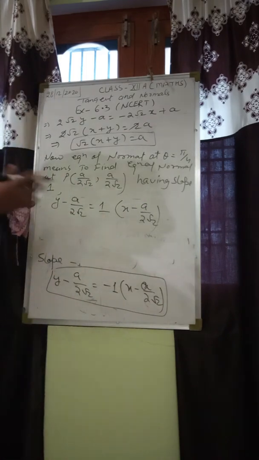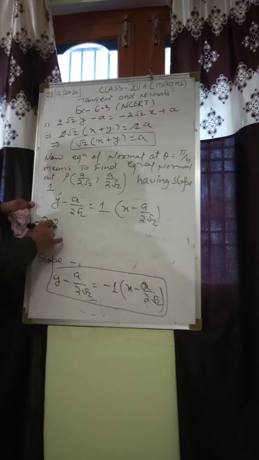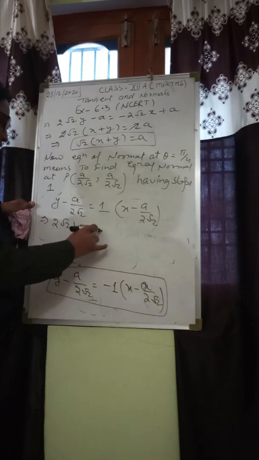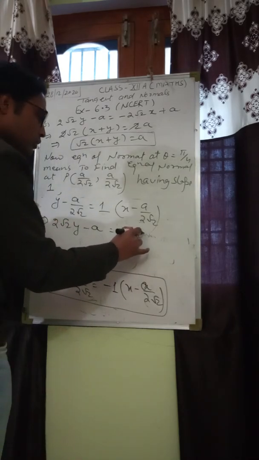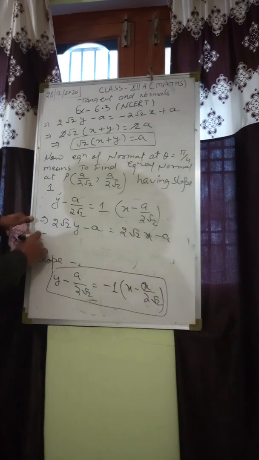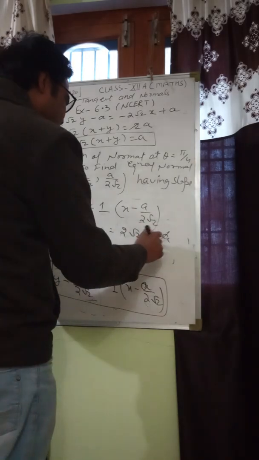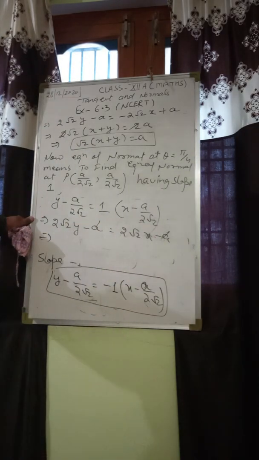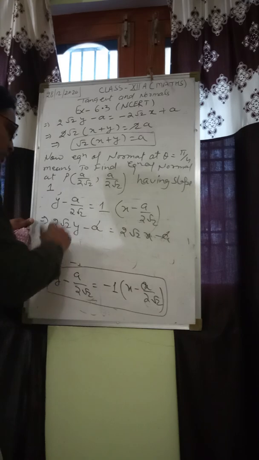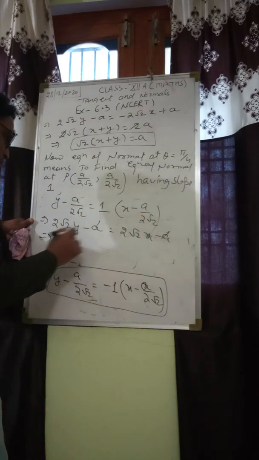So multiply by 2 root 2. What we have, 2 root 2 y minus a is equal to 2 root 2 x minus a. So transfer this to this side. Clearly you can see this minus a and minus a will be cancelled. Now we transfer all to that side.